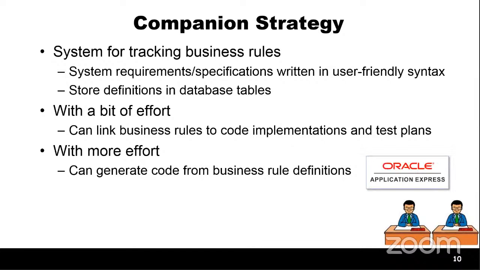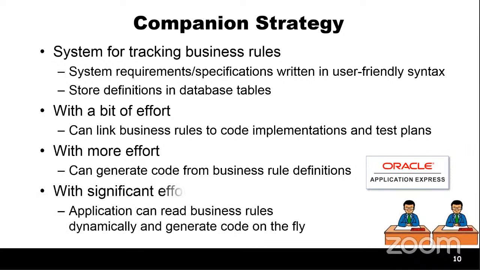An example of that would be Oracle Apex, where you're basically defining elements in the screens that you use to create your application that are stored as database metadata, and that metadata creates PL/SQL code, which is your application. Although there are some things that you can't do that way, so it's not a complete system for generating code, but you can get quite a ways along without having to write custom code.